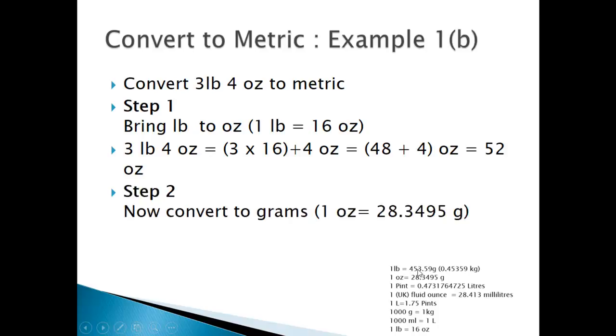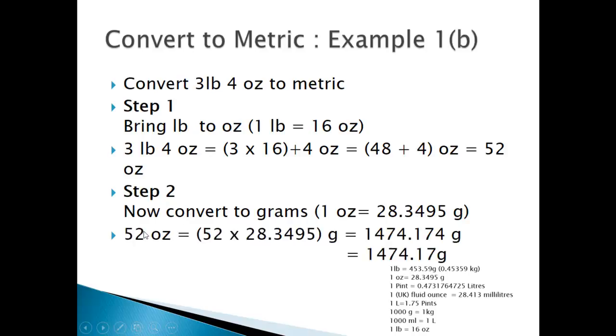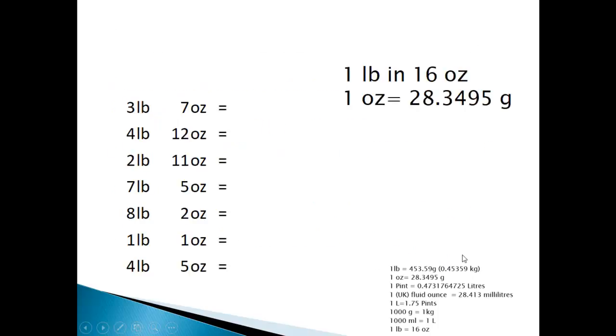Then we go down to our chart and we know that 1 ounce is 28.3495 grams, and we multiply it out. So 52 multiplied by 28.3495 on your calculator, and you'll get 1474.17 grams. So 3 pounds 4 ounces is the same as 1474.17 grams.